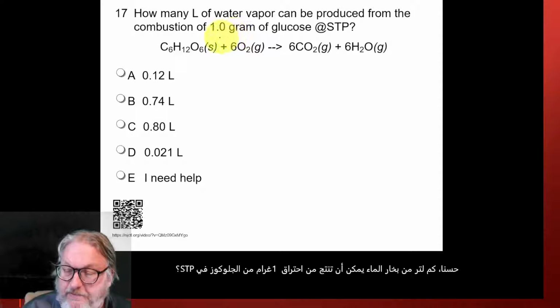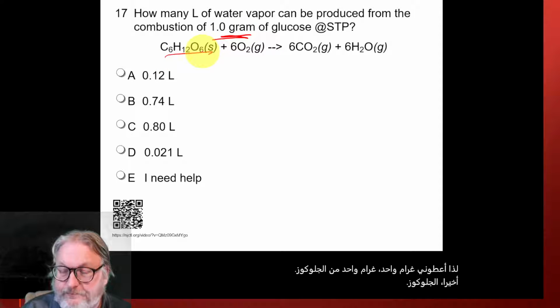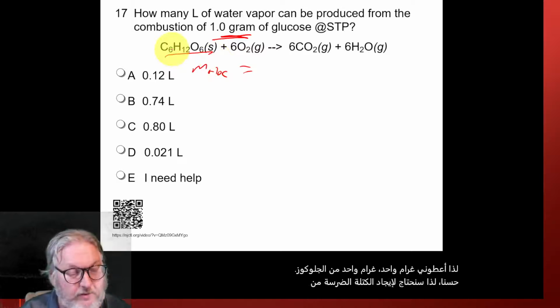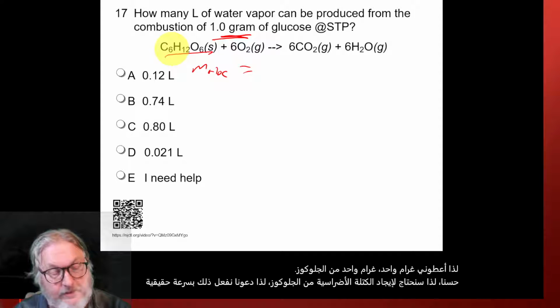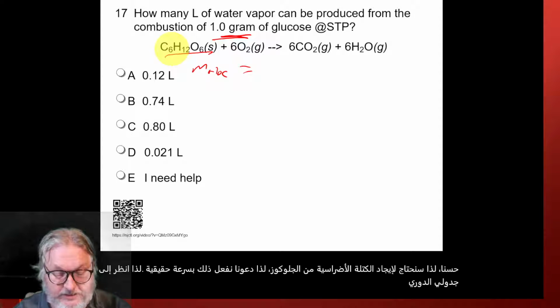Okay, so they gave me 1 gram of glucose. All right. So we're going to need to find the molar mass of glucose. So let's do that real quick. So look at my periodic table. I know carbon is 12, so that's 6 times 12. Hydrogen is 1, so that's 1 times 12.